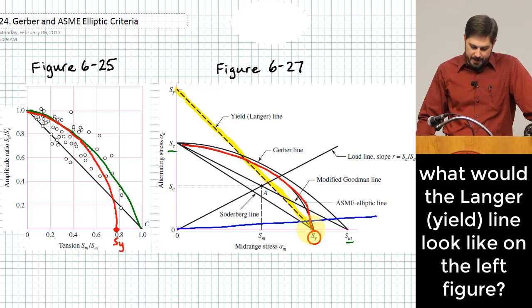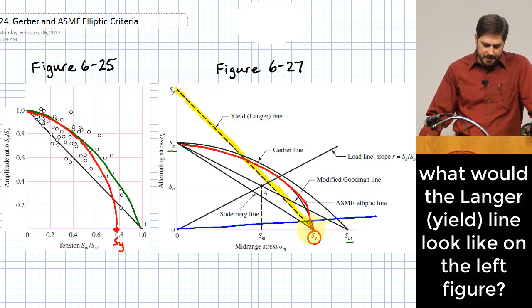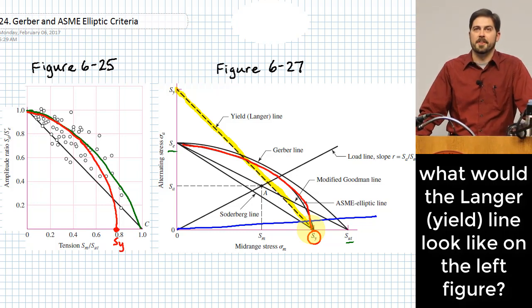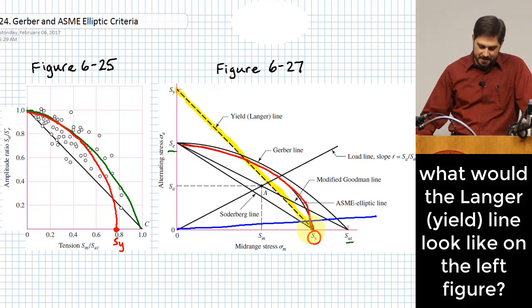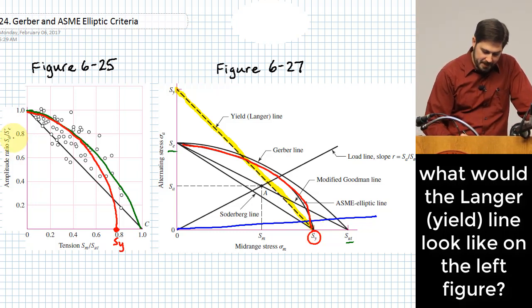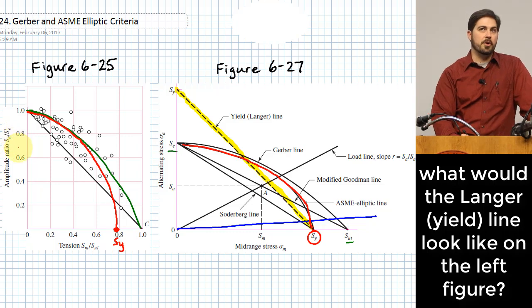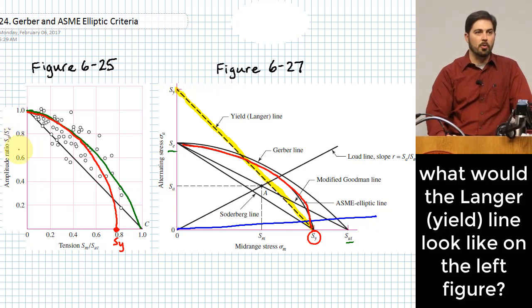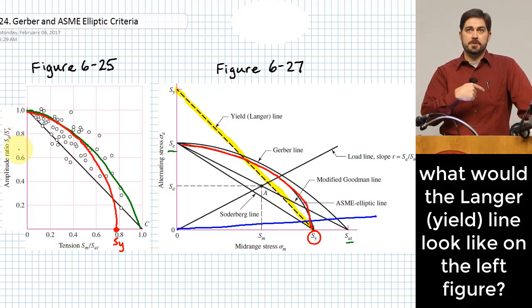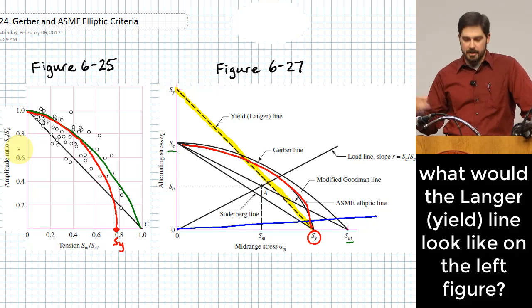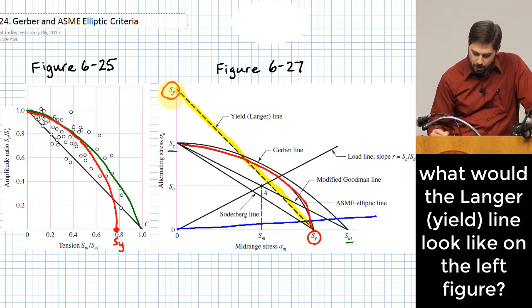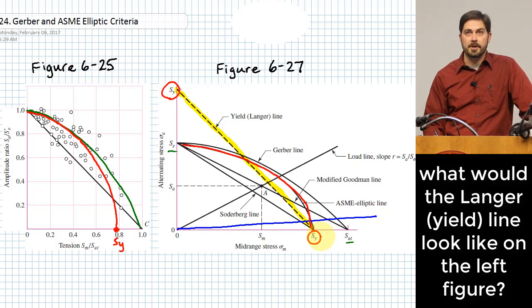So the Langer line would be difficult for us to plot on there because this one, the one on the left, is normalized to endurance strength, and we don't have a good relationship that always works between endurance strength and yielding strength. And if you'll notice here, this line is drawn from yielding strength down to yielding strength, and so that would be a difficult line for me to try to draw accurately on there.